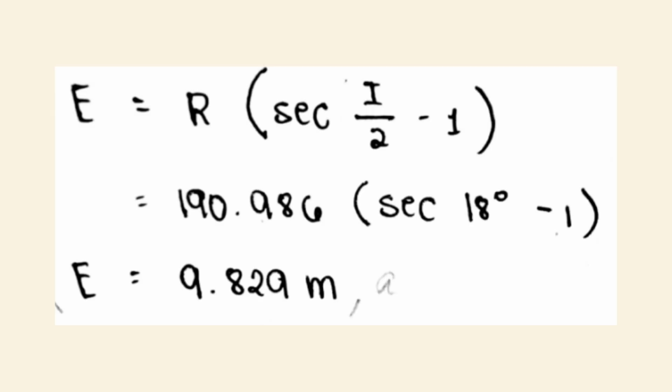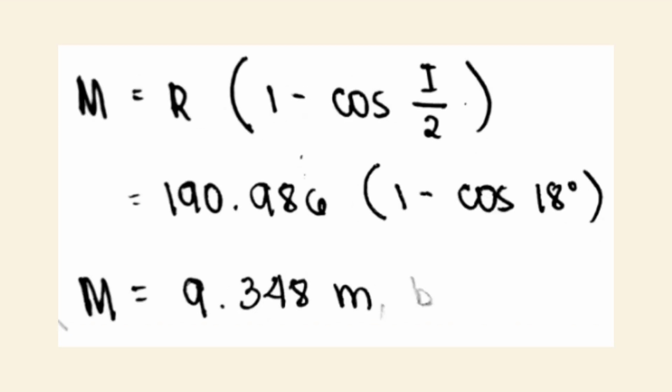Since we now have the value of R, we can proceed in solving for E. E is equal to R multiplied by the difference between secant I over 2 and 1. It is equal to 190.986 multiplied by secant 18 degrees minus 1, resulting to E is equal to 9.829 meters.